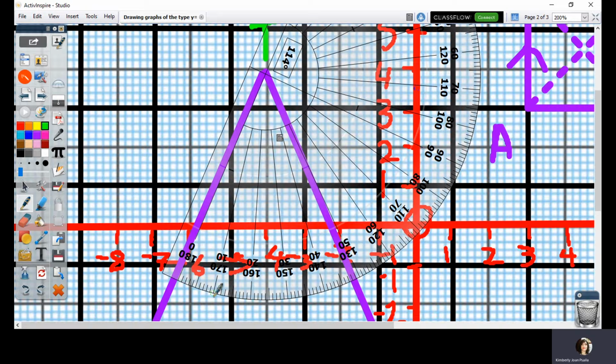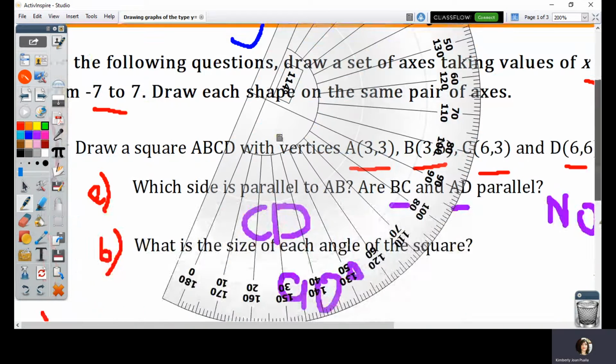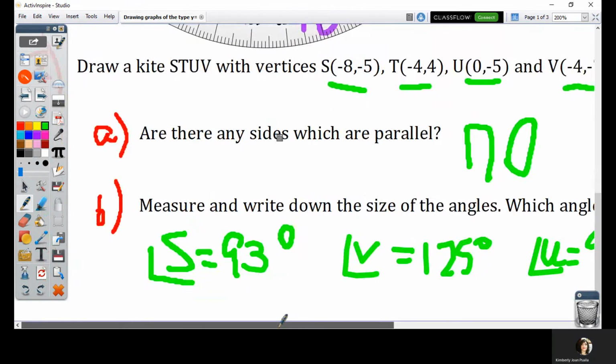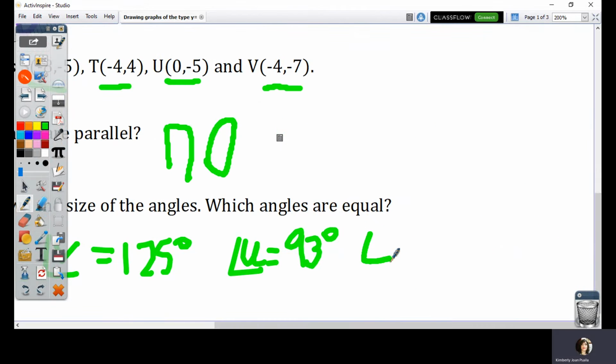So here we have 0, 10, 20, 30, 40, 45 is this one, 46, 47, 48, 49. And there we have our 49-degree angle. It is not exactly on 50, as you can see. So here angle T, we can mark it as 49 degrees.